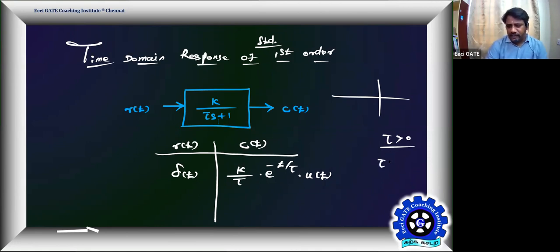And then tau s plus 1 equal to 0 is the location of the pole. Then tau s equal to minus 1, s equal to minus 1 by tau. The pole is on the left hand side. Comment on stability of the system. As per the BIBO stability, yesterday we concluded a system is BIBO stable only when all its poles are falling on the left hand side of your s plane.